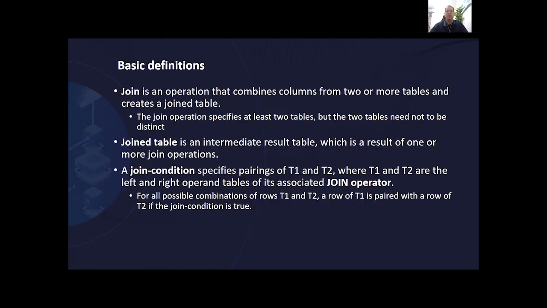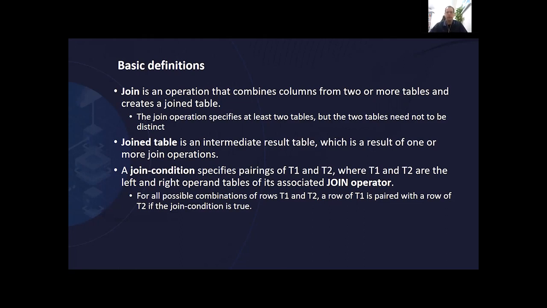The next slide just lists some basic definitions, but I will skip most of it because I'm pretty sure that at least you are aware. Basically, a join is an operation that combines columns from two or more tables and creates a joined table. It doesn't necessarily have to be just two tables, and they don't have to be distinct, which means I can even join a table to itself.